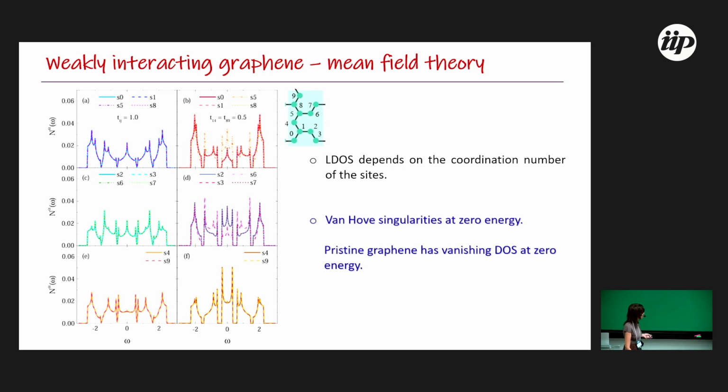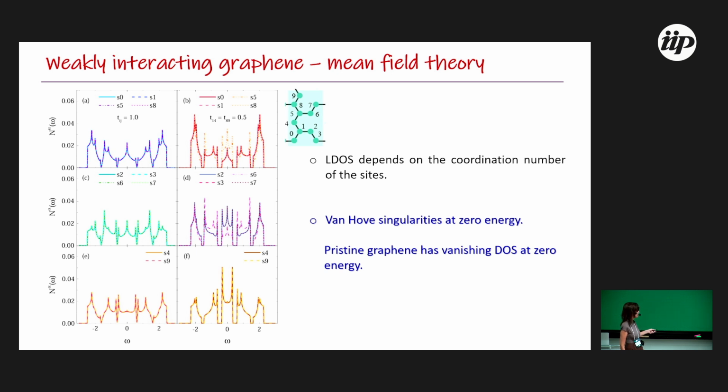But what is interesting is that you have a Van Hove singularity at 0 energy, whereas in pristine graphene we get a vanishing density of states at 0 energy. And here we have a peak in the local density of states at 0 energy, but sometimes not, depending, again, on where you are in your structure.